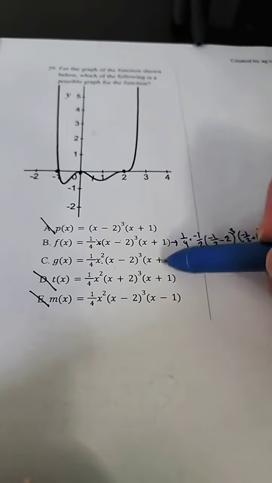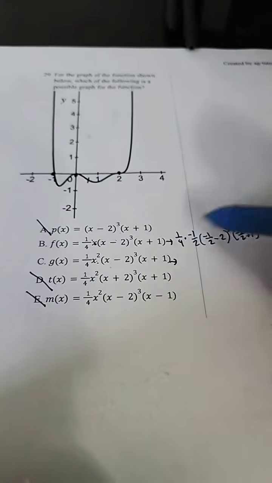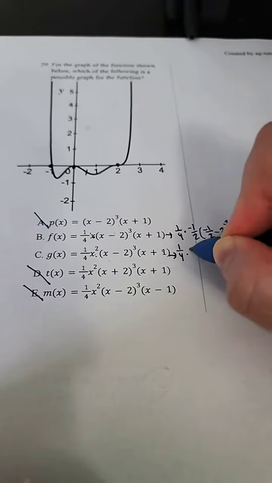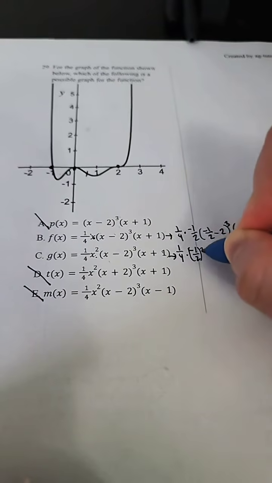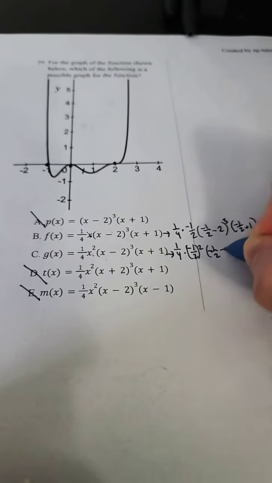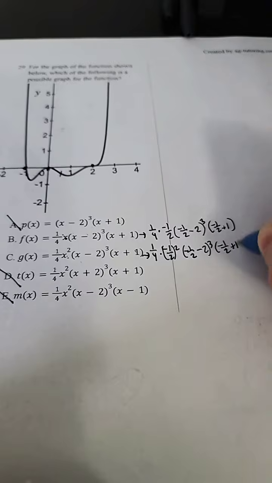What I'm going to do is see whether one of these turns positive and one turns negative, because it should be negative. So I'm looking for which of these gives me a negative value. So I would say 1/4 times -1/2 squared times -1/2 minus 2 cubed times -1/2 plus 1.